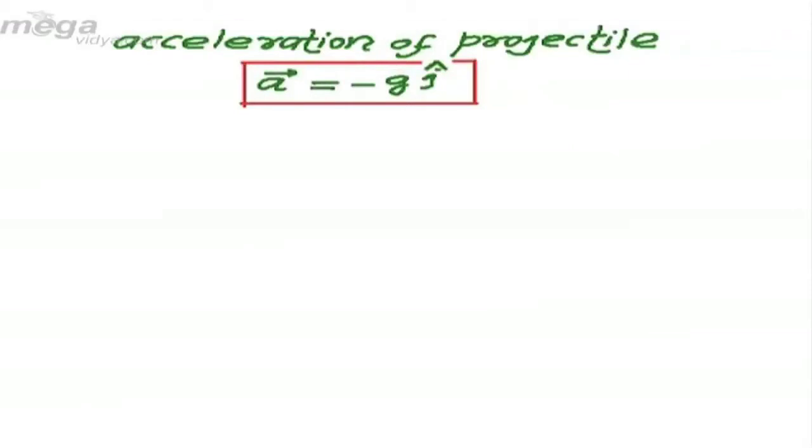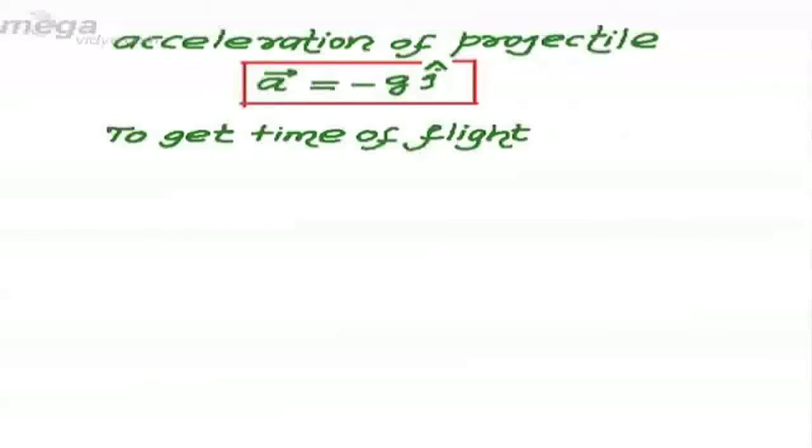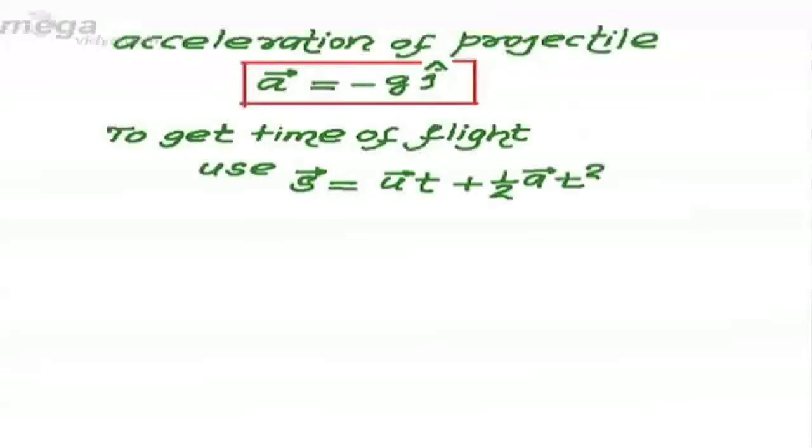Now, the first thing we may require to find is the time of flight. We will use equation of kinematics number 2, which is given as S equal to ut plus half a t square.